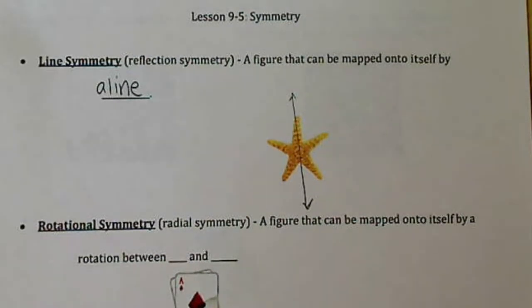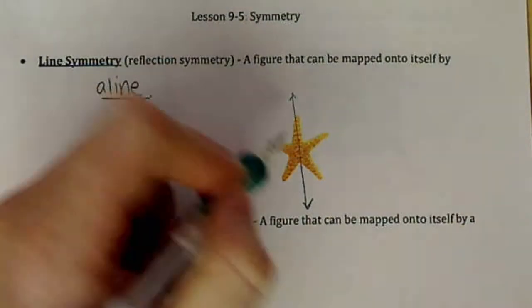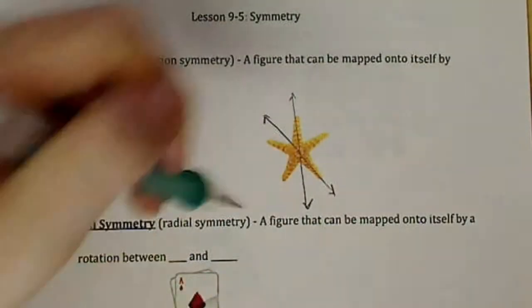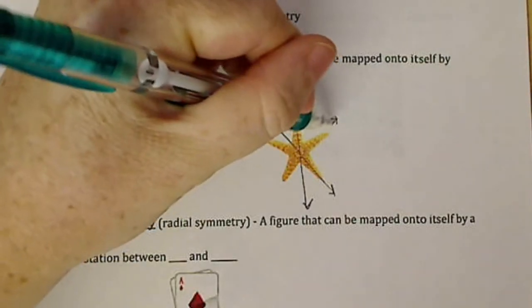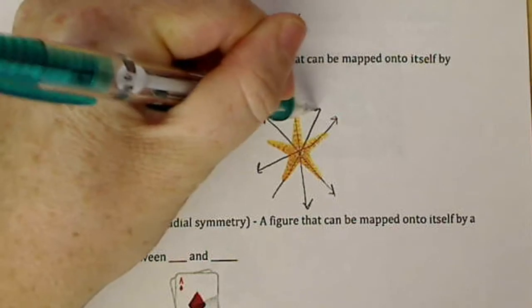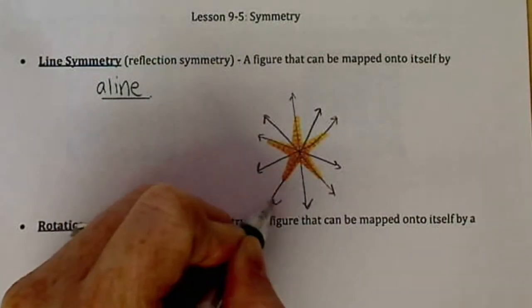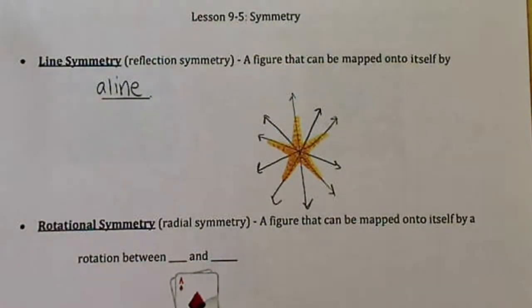But it doesn't just have one line, it has a line through each one of the starfish's arms. So if you count that, you have a total of how many lines of symmetry? Well, it has 5 arms, so it has 5 lines of symmetry.